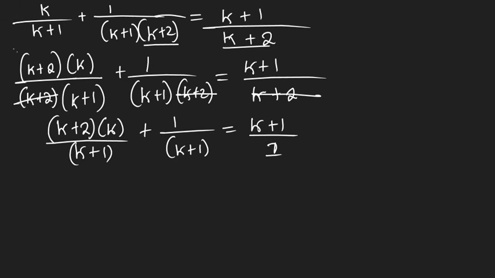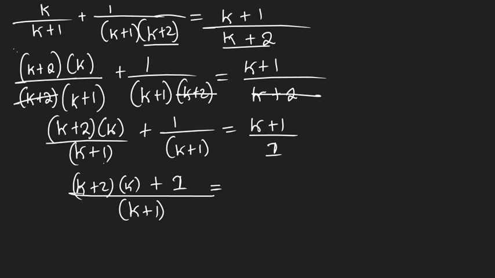The common denominator this side is simply k plus 1. K plus 1 into K plus 1 is 1. 1 multiplied by what is on top, it's K plus 2, then K. Then this is going to be 1, and this is going to be equal to K plus 1 over 1.